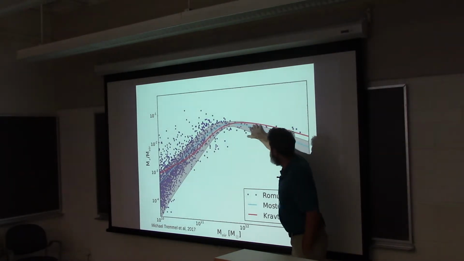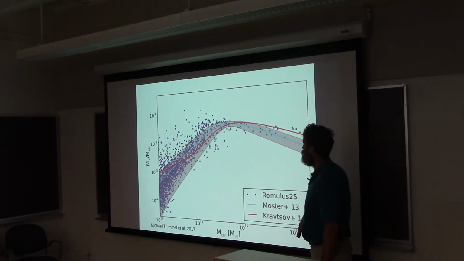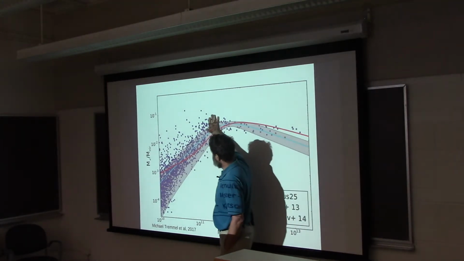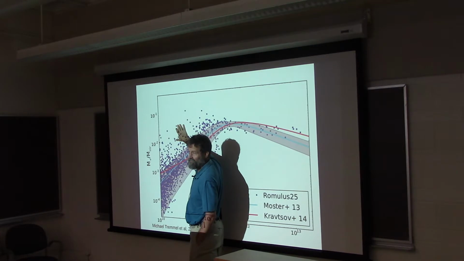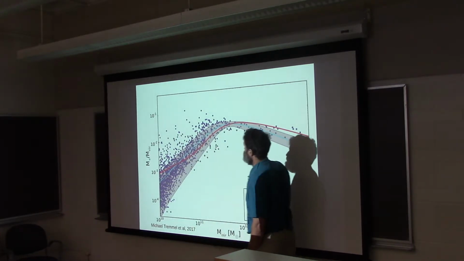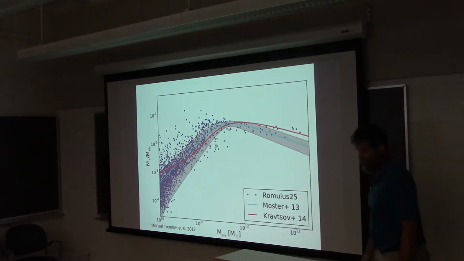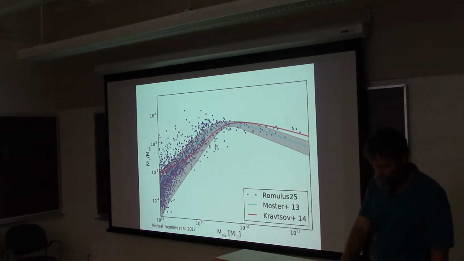And this is essentially the black holes doing their thing, suppressing star formation at high mass. And then what's going on here is these guys are actually, it's not that their stellar mass is high, it's their dark matter mass is low, right? So these are satellite halos where the dark matter has been stripped away.